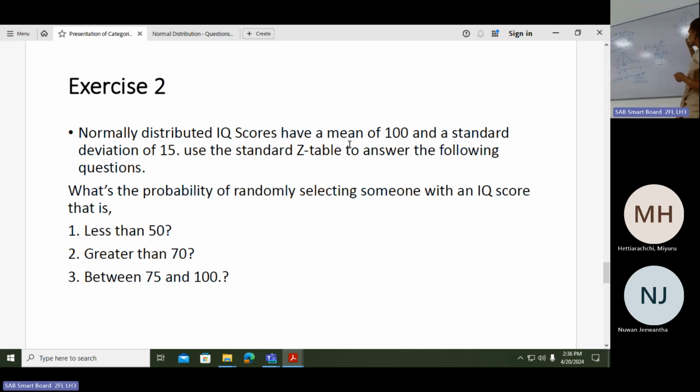Then in the standard normal distribution, what's the Z value? 0. Then we need to get the value of the 75. What's the answer? 75 minus 100 divided by 15.